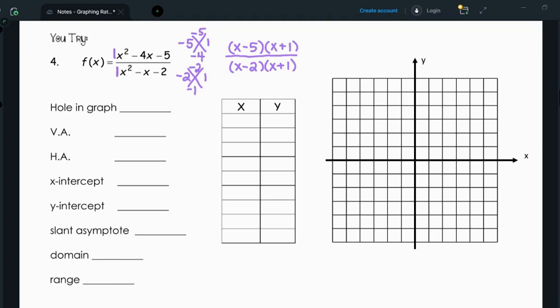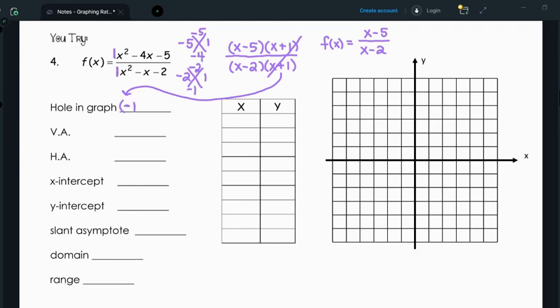I see I have two factors on top of each other that will cancel out to simplify my function down to just x minus 5 in the numerator and x minus 2 in the denominator. Remember, whatever you cancel is going to become the x value of your hole. You just have to do the opposite.